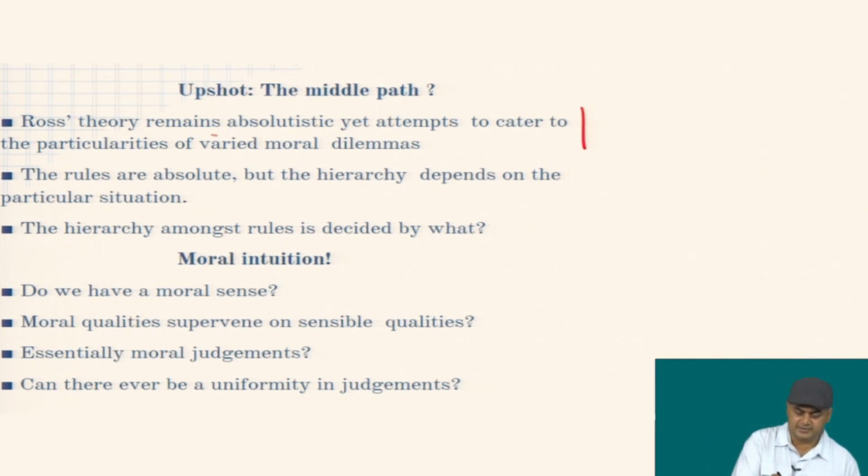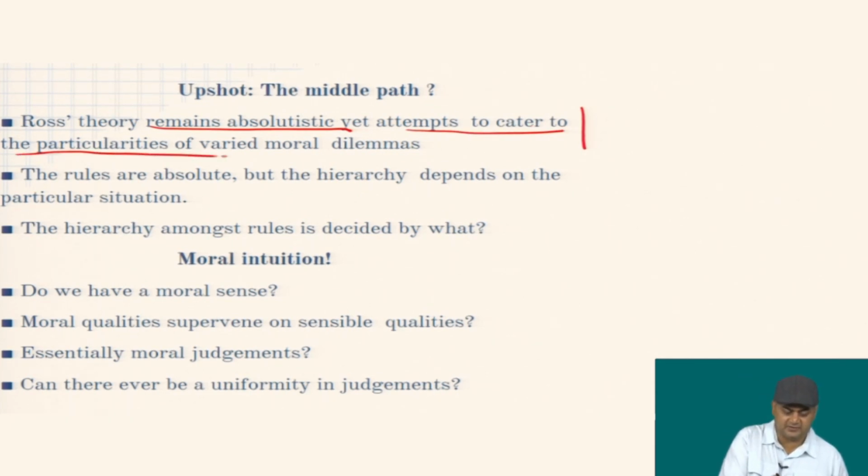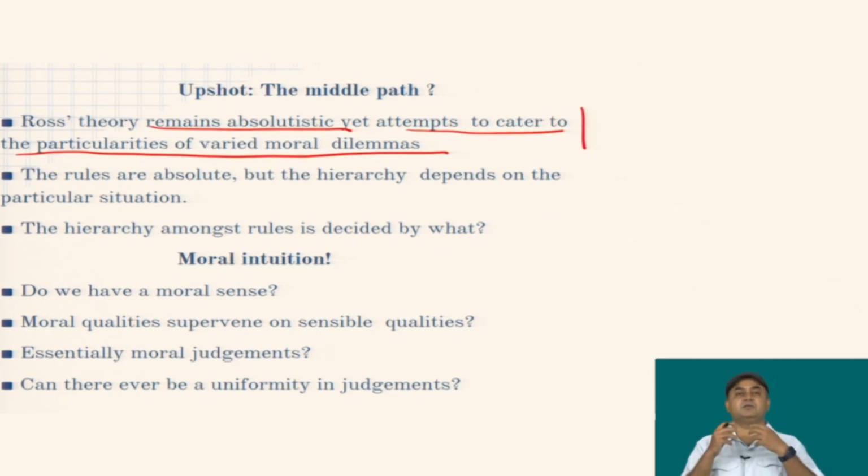Ross's theory remains absolutistic. Why is it absolutistic? Because it gives 6 rules to be followed. Yet it attempts to cater to the particularities of varied moral dilemmas. So, that means moral dilemmas can differ. How does Ross's theory attempt to cater to this variety of moral dilemmas?